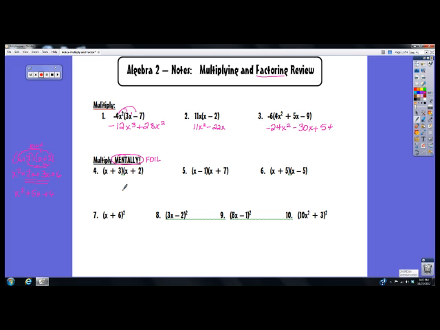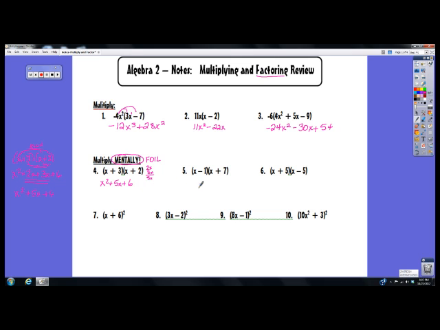X times x is x squared, and mentally multiply the outsides, and in your head think that you have 2x. Multiply the insides, and in your head think that you have 3x. Combine them together, and now you know that you have 5x. And then the last terms, 3 times 2 is 6. All of this is mentally in your head without writing out all the steps.